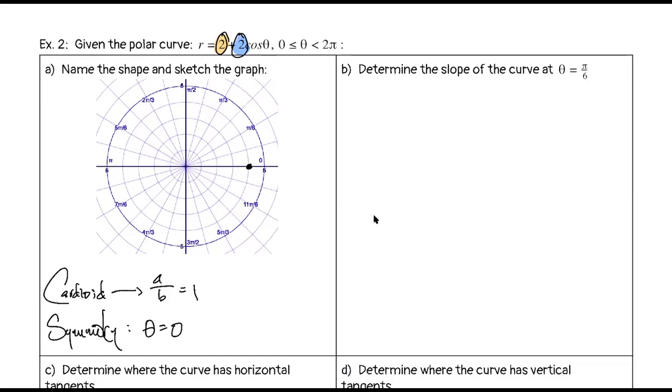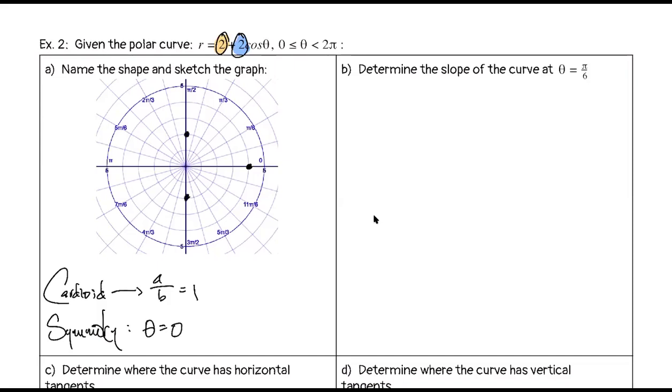Now, if it was 2 plus 3 cosine theta, then I would have to go out to 5 because 2 plus 3 is 5. So the other thing that those numbers are helpful for is they give you what it's going to be at pi over 2 and 3 pi over 2. So at pi over 2 and 3 pi over 2, we're going to be at 2 and negative 2.